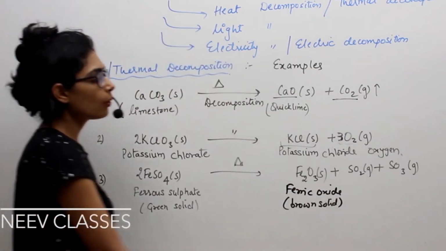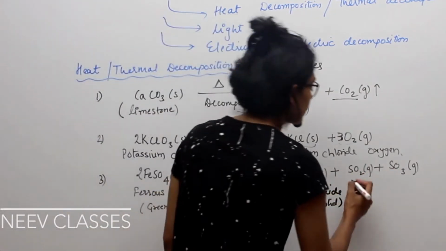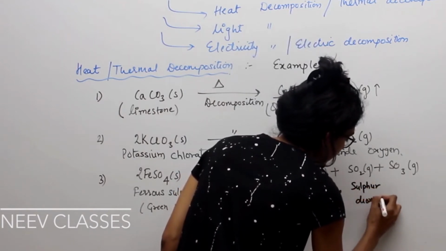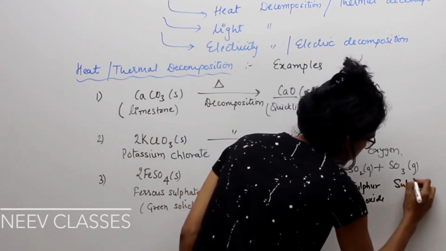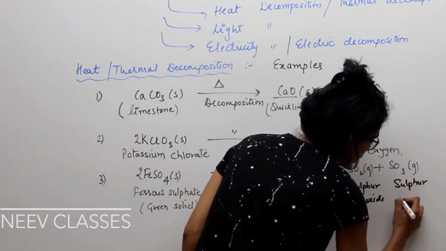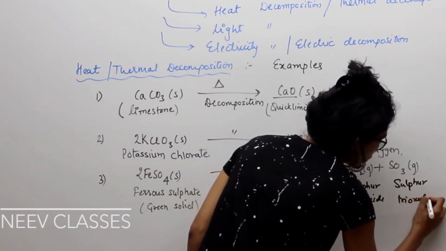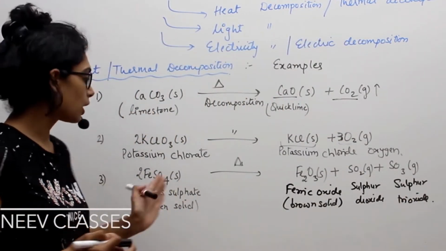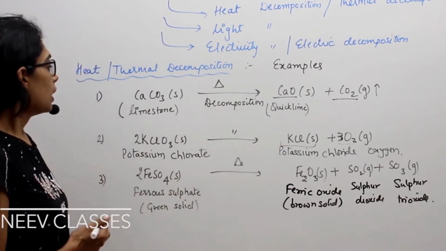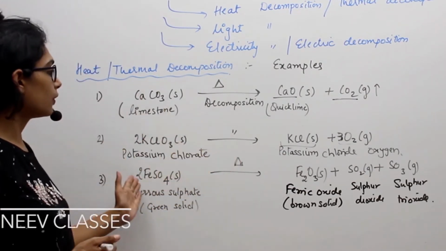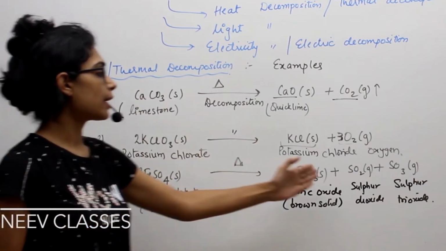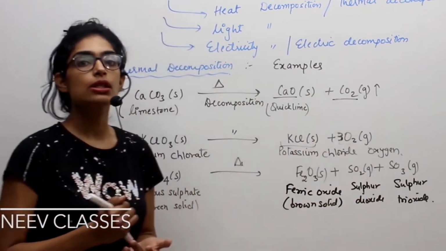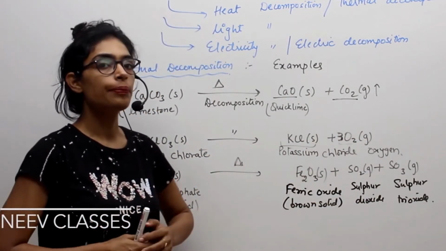Along with that, it breaks down into sulfur dioxide and sulfur trioxide gas. So if you see, all these reactions are showing all those kinds of changes we had discussed, that happen in a chemical reaction. A color change is happening, a state change is happening, FeSO4 was solid and gases are forming, moreover the gas is getting released. So all these kinds of changes we had discussed are happening in the reaction mixture.